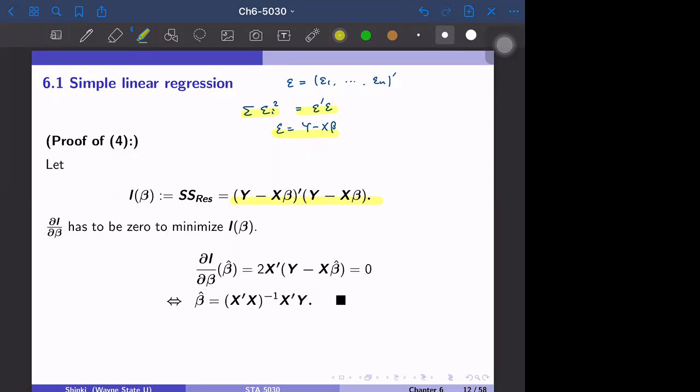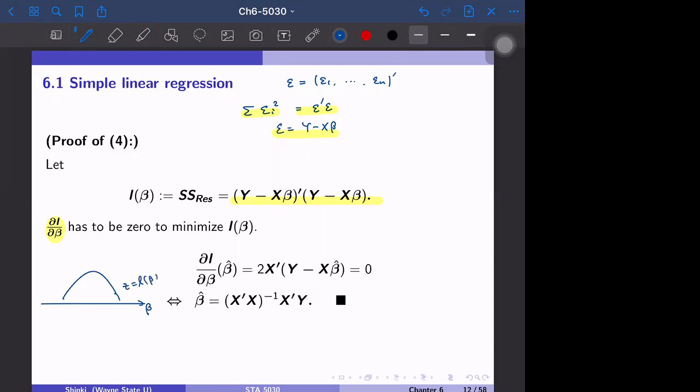We want to minimize this with respect to beta. The natural strategy is to take the derivative with respect to beta. Conceptually, think about just a function z equal to L of beta.